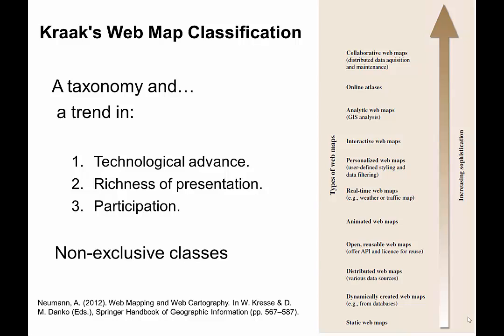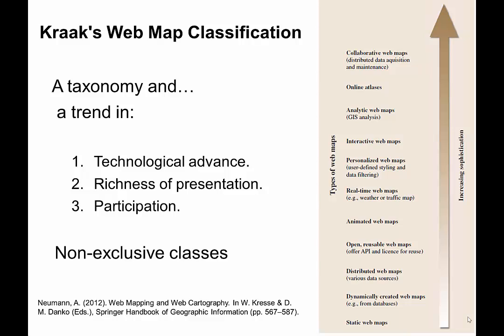But things like the ability to personalize web maps, to interact with web maps, to store things in cloud-based servers has only come along, or become generally available, in the last decade. And that's because the technology simply didn't exist to allow us to do that.